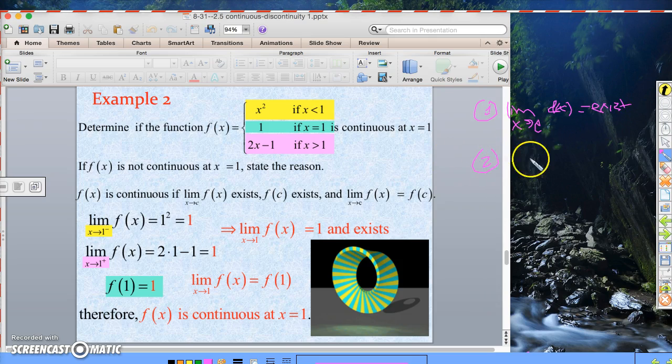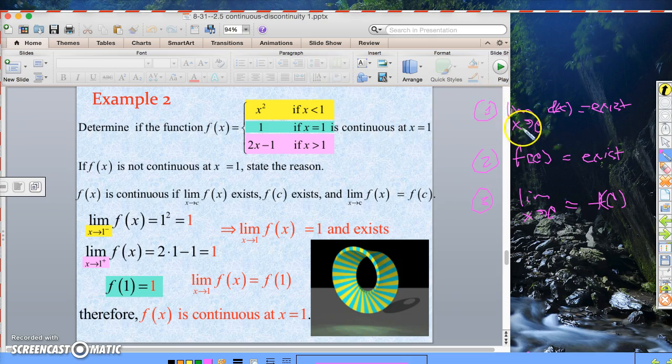Condition 2: the value at c has to exist. And then condition 3: the limit as x approaches c has to equal f of c for it to be continuous.